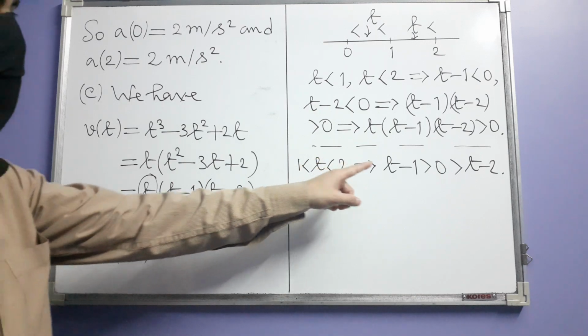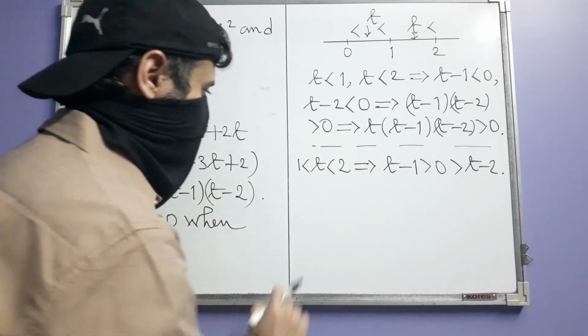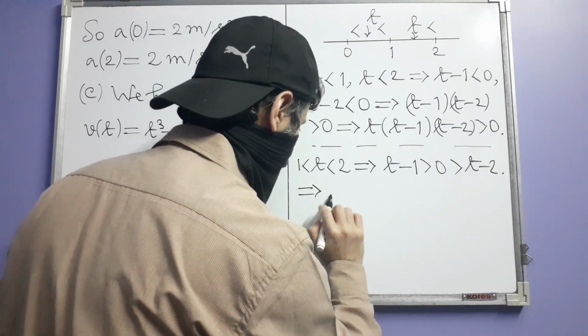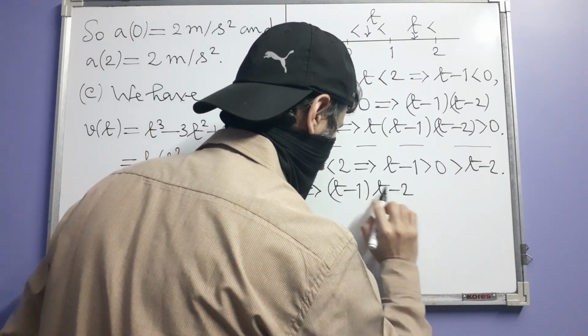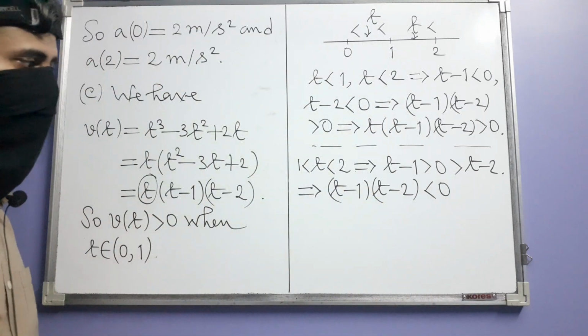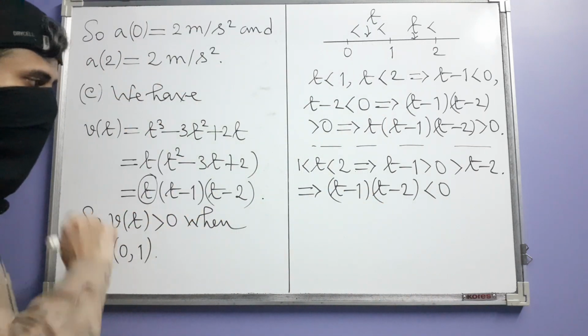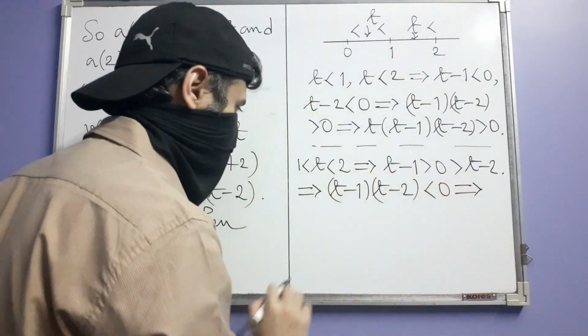Now if you multiply a positive number and a negative number, you will get a negative number. Multiply that by this positive number, still the negativity persists.